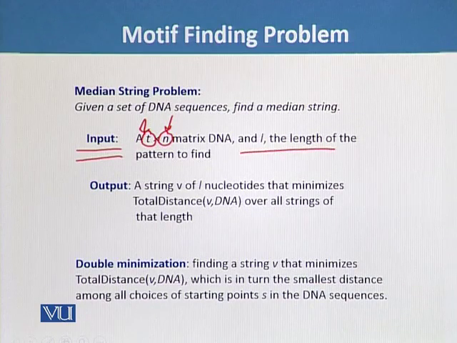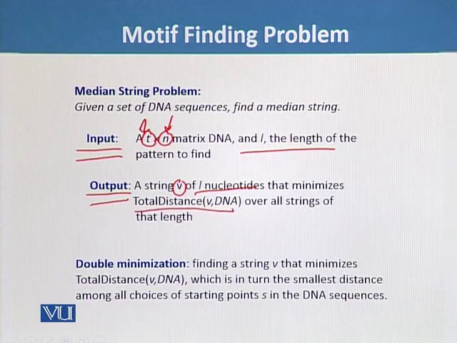This is the same type of algorithm we have seen in the previous module, and the output will be a string of V of L nucleotides, that is an L-mer, that minimizes the total distance, V, DNA, over all strings of that length.